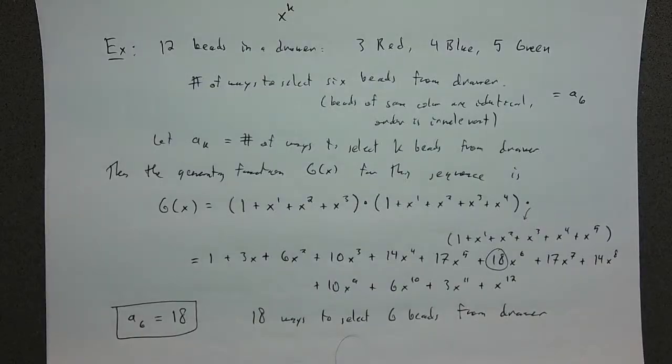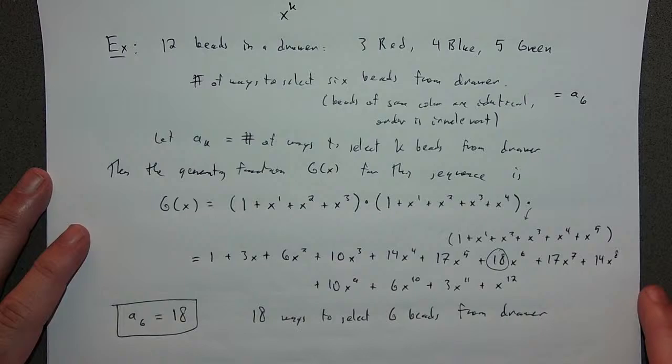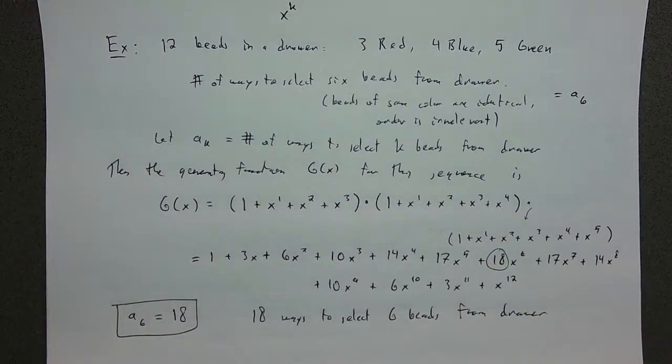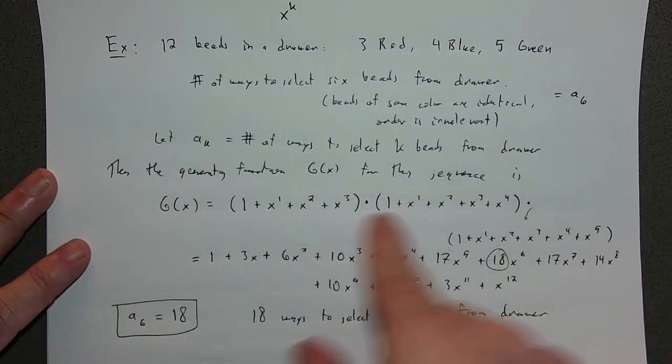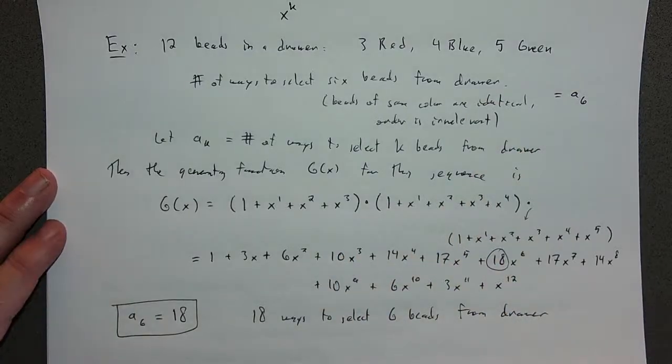You see how this could potentially be used in situations that might otherwise be kind of hard to come up with how you would perform a count of the objects. The power here is in how simple the underlying thing you're doing is, right? All you're doing is relying on this nice analogy between addition and multiplication, and writing the number of ways to select k things as the coefficient on the x to the k term.